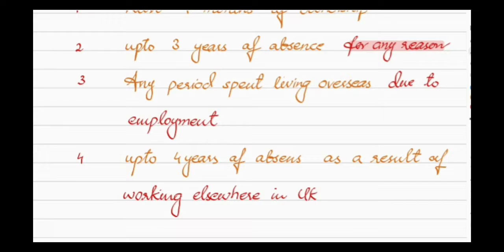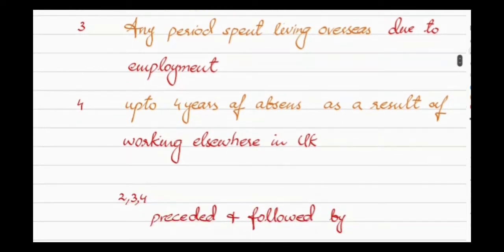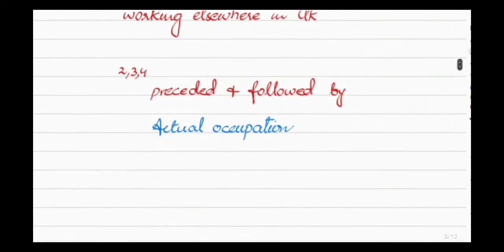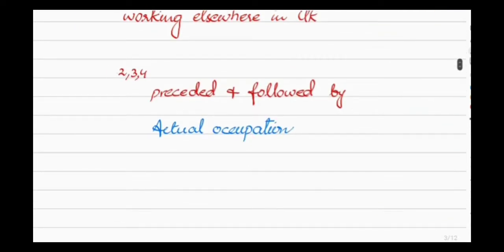And fourth, up to 4 years of absence as a result of working elsewhere in the UK, in any other city or place, due to employment or self-employment. But the most important thing is that points 2, 3 and 4 should be preceded and followed by actual occupation.